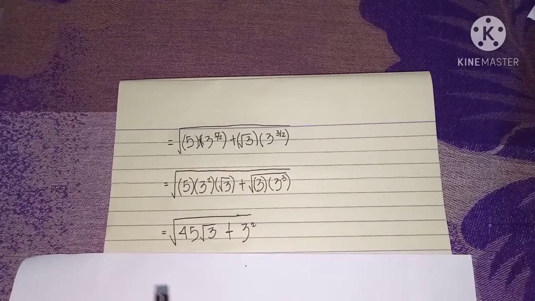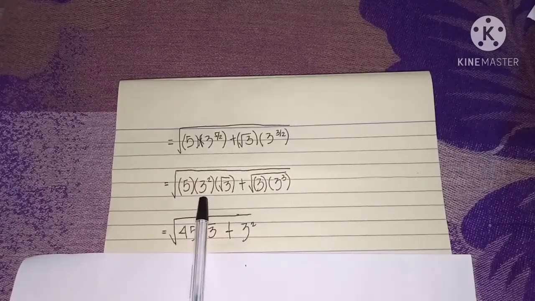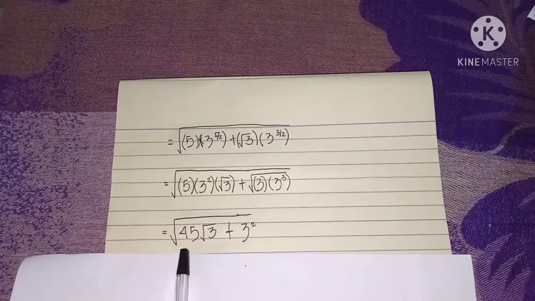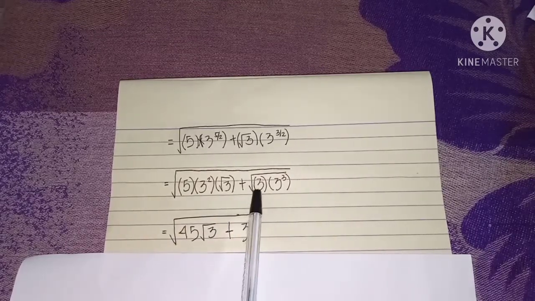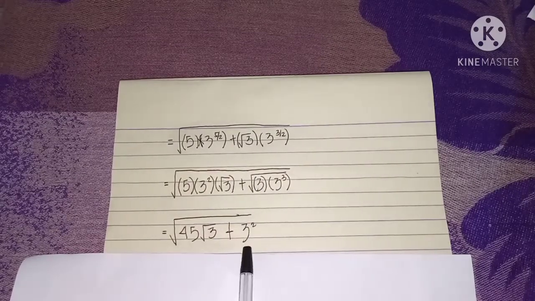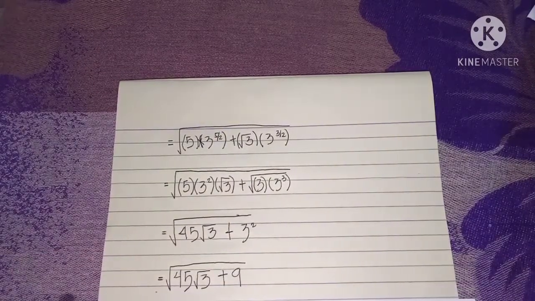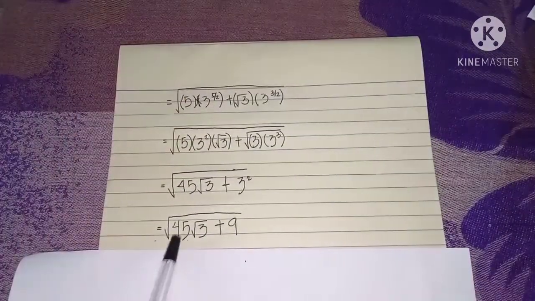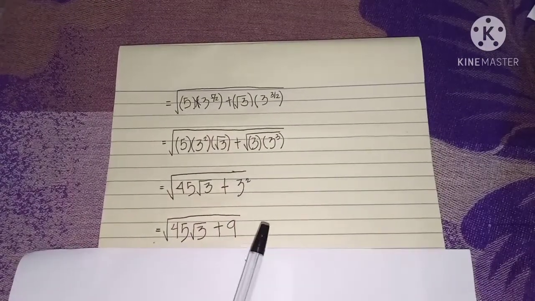So here it is. 3 squared is 9, so 5 times 9 is 45, and just copy the square root of 3, plus the square root of 3 times 3 cubed is 3 squared. And then we'll just copy this, and 3 squared is 9.